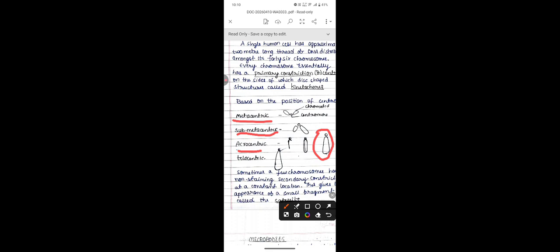Telocentric and acrocentric are somewhat similar. Sometimes a few chromosomes have a non-staining secondary constriction at a constant location, and this gives the appearance of a small fragment called the satellite. So these are some important points, a simple outline of the nucleus of a eukaryotic cell. Thank you.